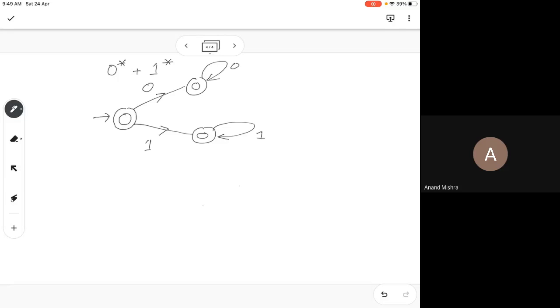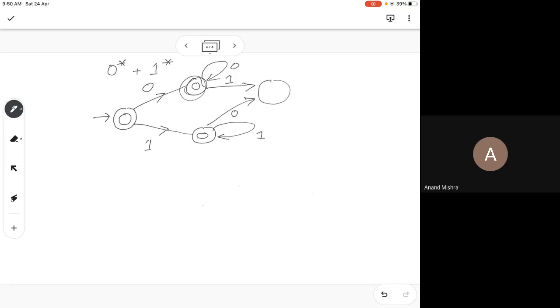But if you read 1 in the zero state, or read 0 in the one state, what will happen? That should not be recognized, so it should go to the dead state.